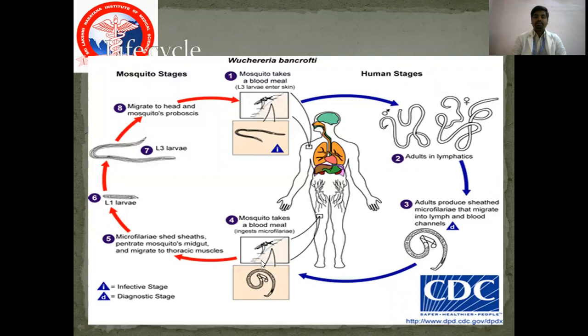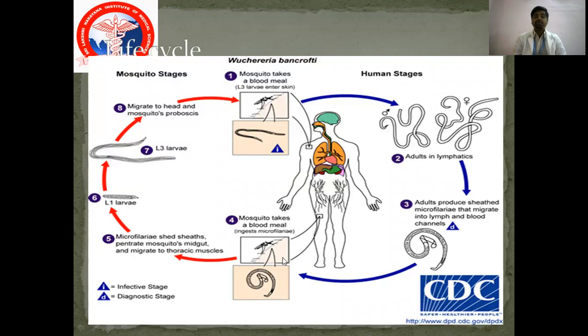While the microfilariae are in the bloodstream, a new mosquito takes a blood meal and sucks the blood. The microfilariae enter the mosquito gut. After entering the gut, the microfilaria sheds its sheath, penetrates the mosquito's gut wall, and migrates into the thoracic muscle.